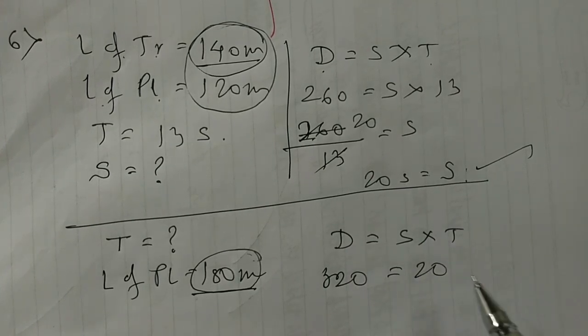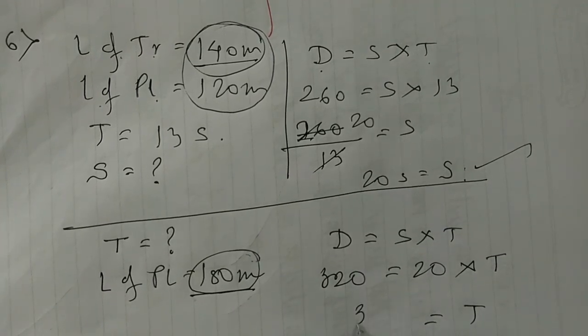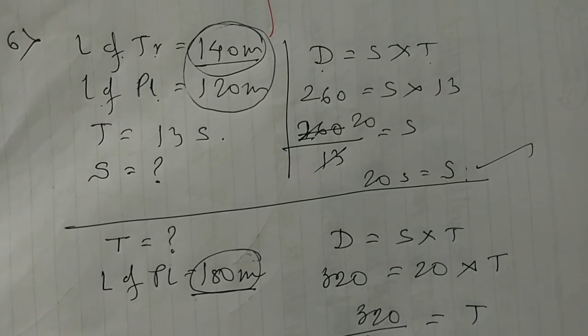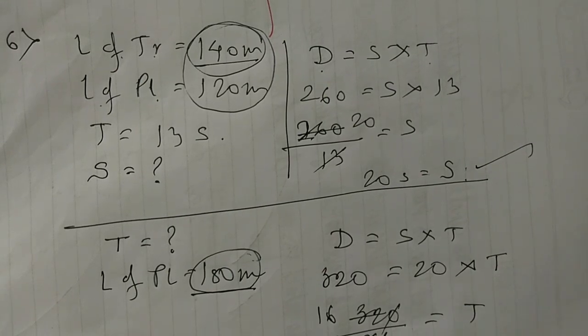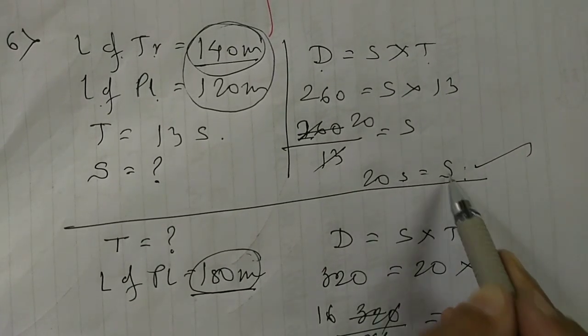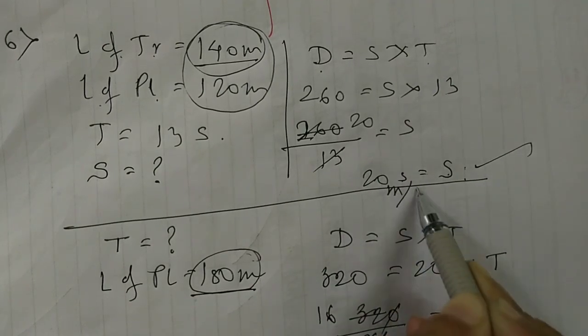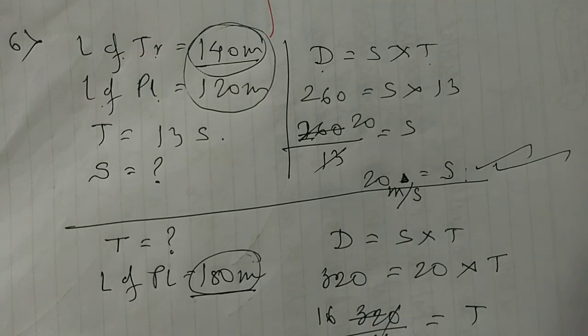So 20 into what is the time? Time we have to find. So time equal to 320 by 20. Cut the zeros, 32 by 2, that is 16. So time required is 16 second. Here we made a mistake. Speed means meter per second. This was speed, meter per second. Got it?